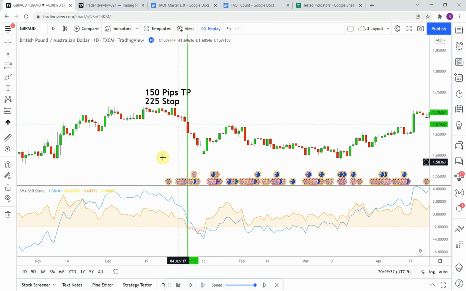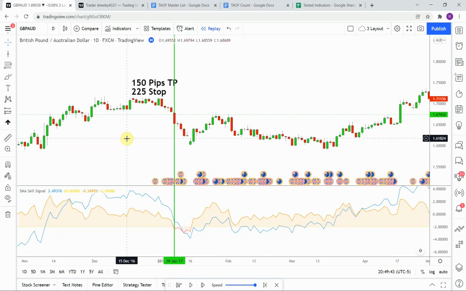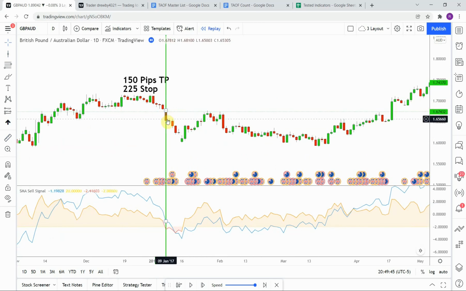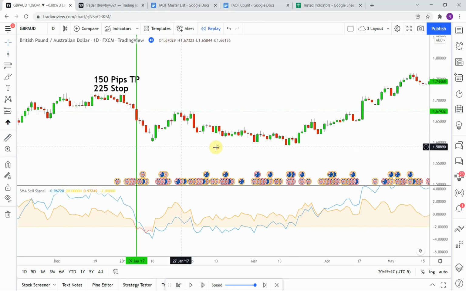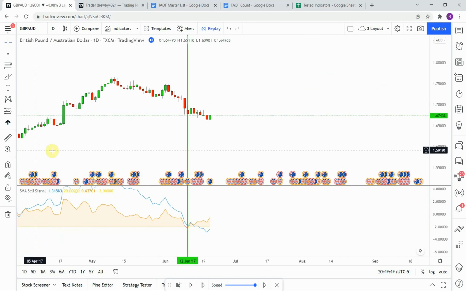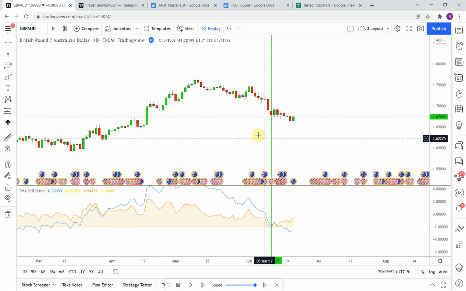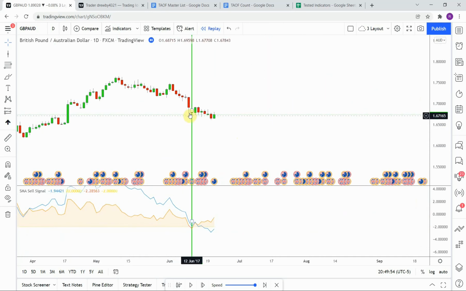All right, so the first signal that we picked up was a short signal. Obviously, it's a short signal because that's all we're getting on this one. And so we get our first signal right here. You can see that price action pushes down really nicely there, getting us to take profit. And then quite a ways forward here, you see that we pick up our next signal right here. Again, price action pushes down, not quite so hard.